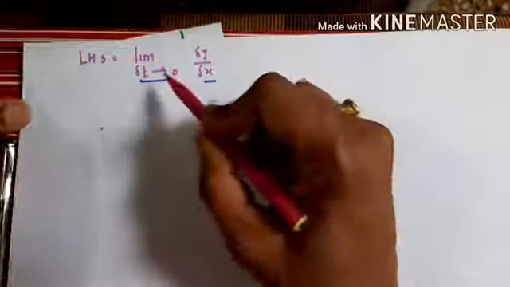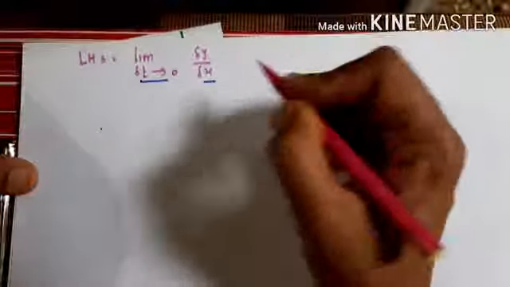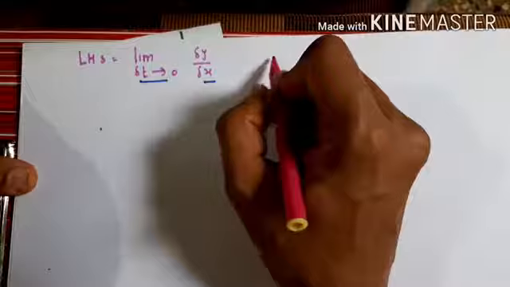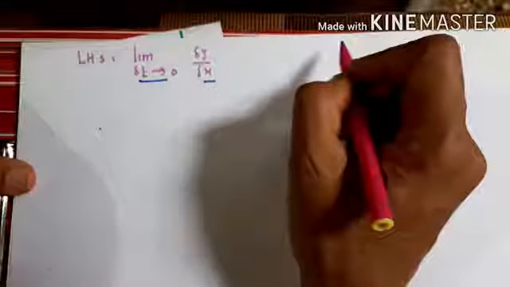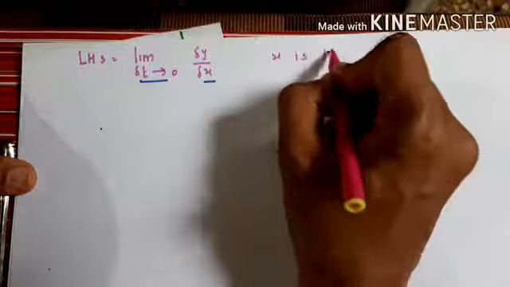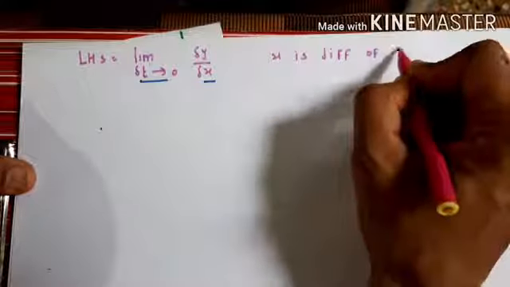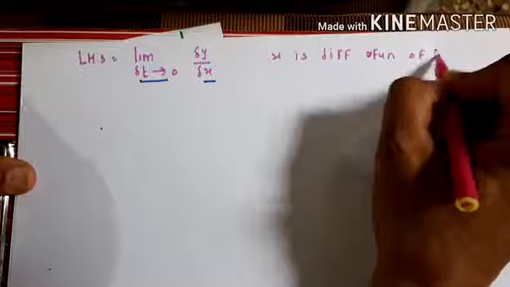By which criteria can we change this? That is, we know that x is a differentiable function of t. X and y are differentiable functions of t, that is given.